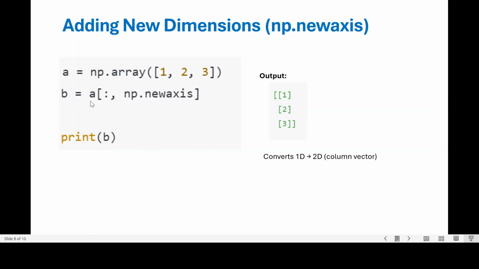Then see here, b equals a[:, np.newaxis]. This np.newaxis inserts an additional dimension. So the expression [:, np.newaxis] converts the one-dimensional array into a column vector. Then the result is stored in b. Then we print b, which prints the newly created two-dimensional array. The thing to note here is that the data remains the same; only the number of dimensions changes.